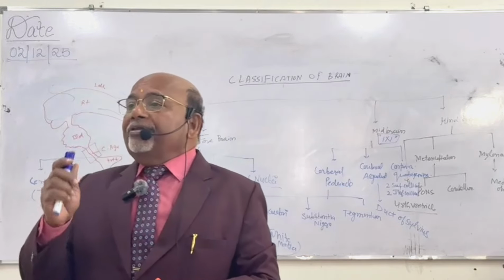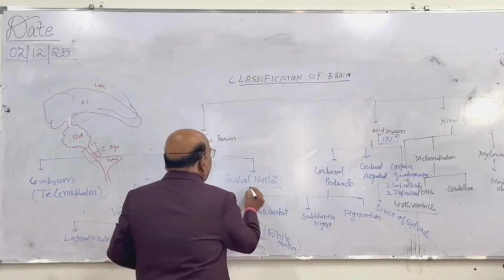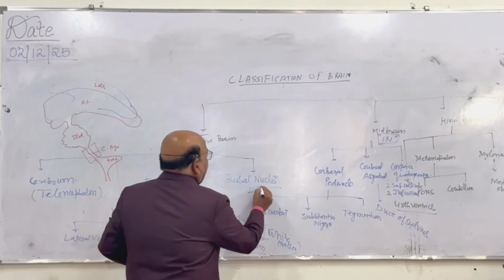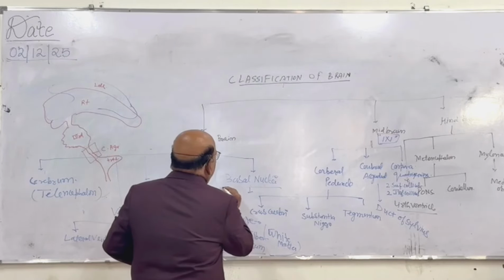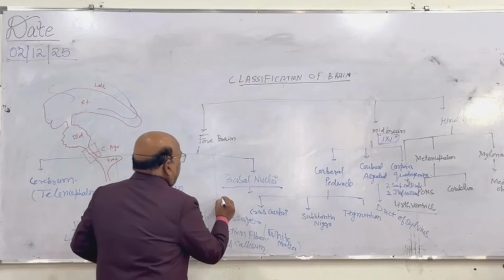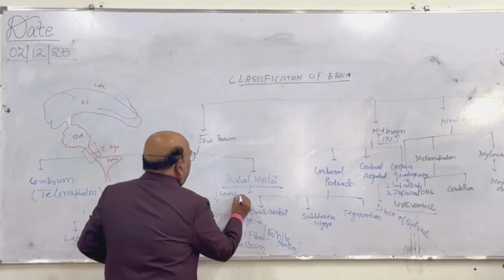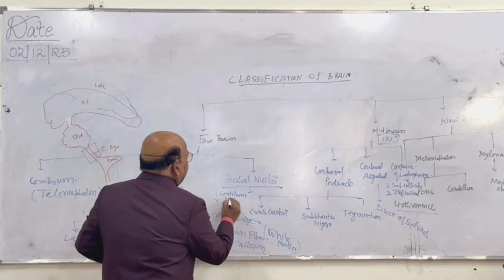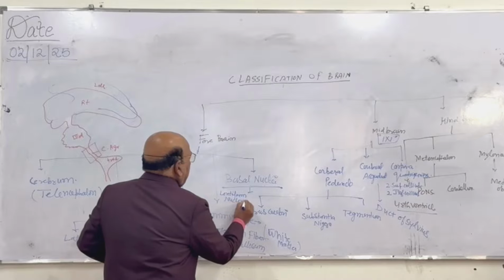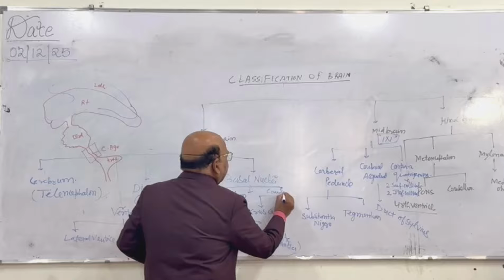Just one thing, when we classify the basal nuclei, there is the lentiform nucleus, caudate nucleus. These are the names of the nuclei.